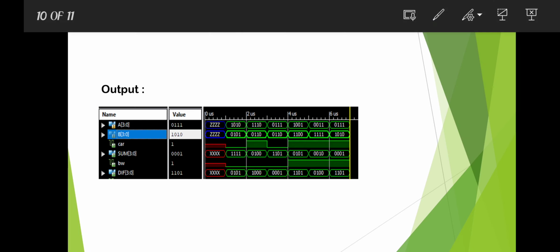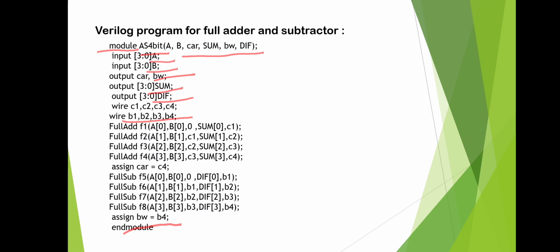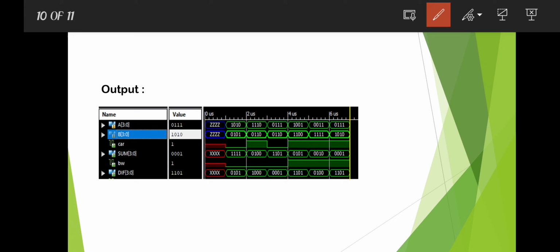And this is the output for this Verilog code. The input names are A and B, then the value for A is 0 1 1 1 and B is 1 0 1 0.